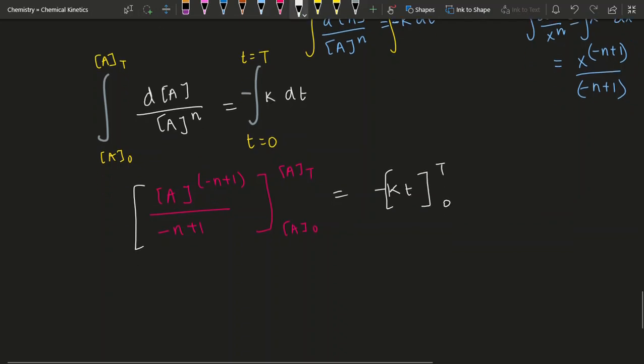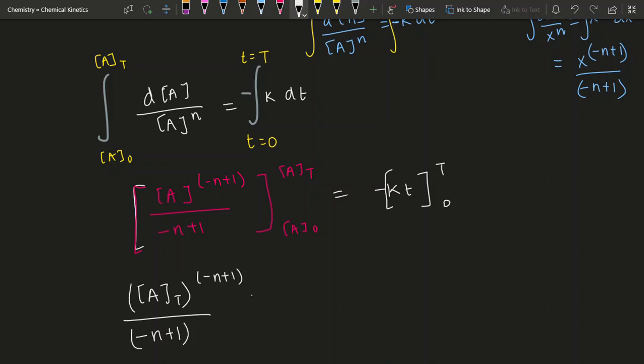I always confuse the limits, by the way, but anyways, once you've done this, what remains is to put everything in. So you have A at time t to the power negative n plus 1 over negative n plus 1, minus A naught to the power negative n plus 1 over negative n plus 1 equals negative kt minus 0.